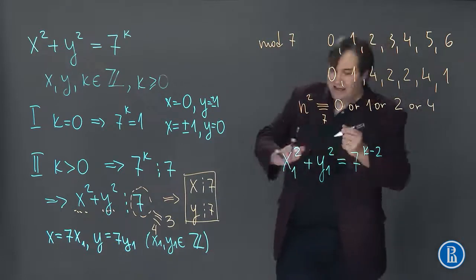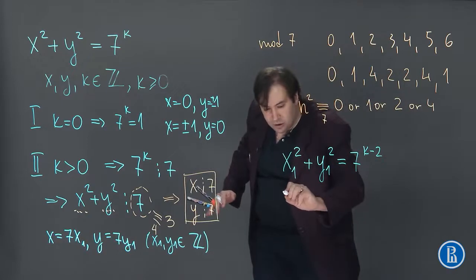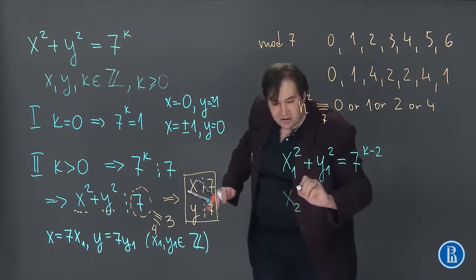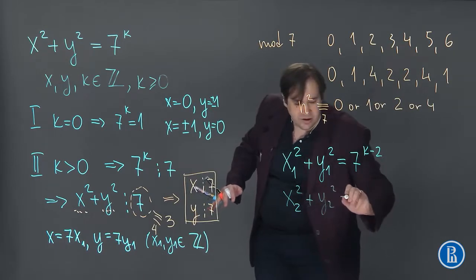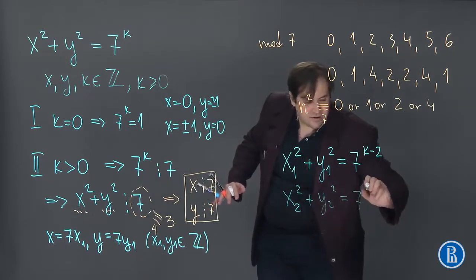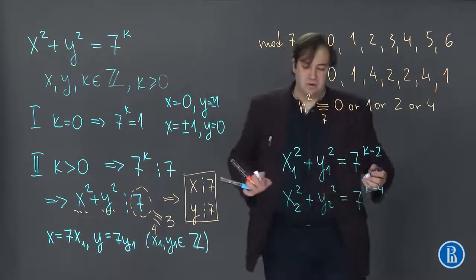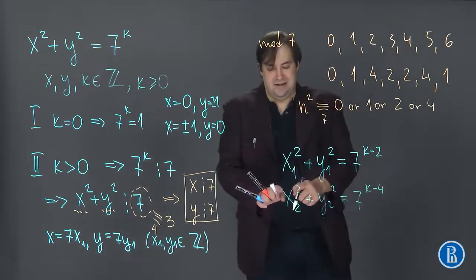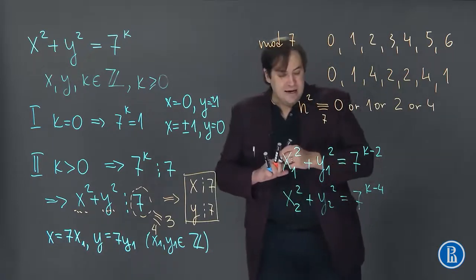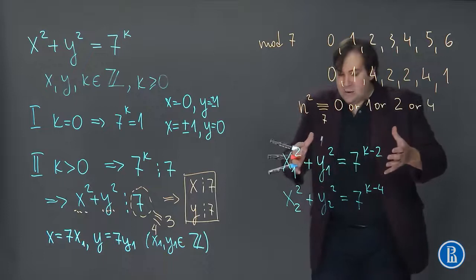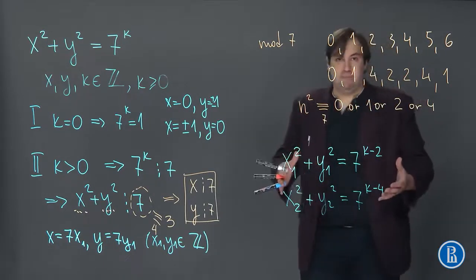And we will gain a new equation, x2 squared plus y2 squared will be equal to 7 to the power k minus 4, where, of course, x2 is x1 divided by 7, y2 is y1 divided by 7. And so we can continue this way as long as we can.